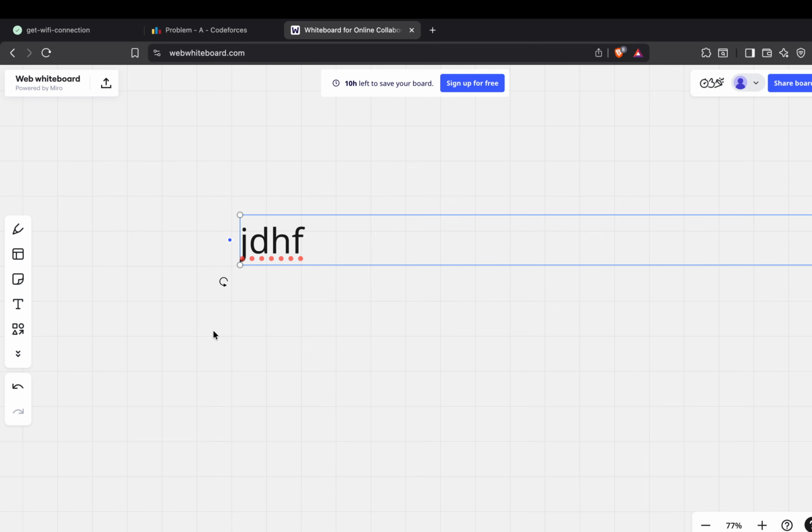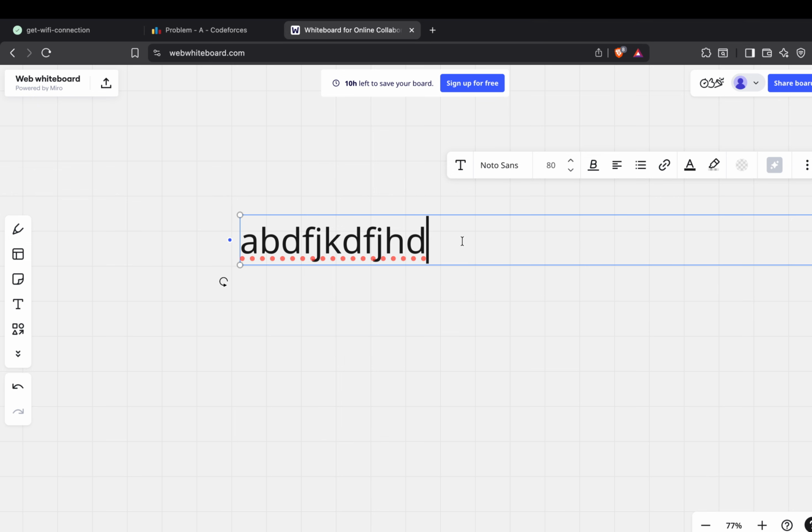Okay, let's say this was the string. We notice that the last character can never be changed and the whole string needs to be converted into a single character.